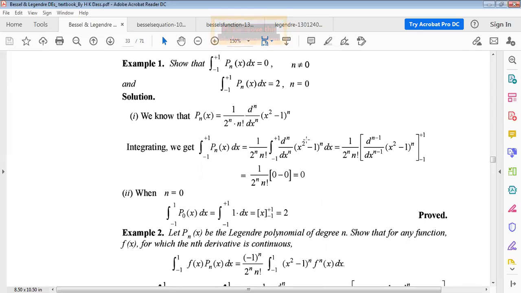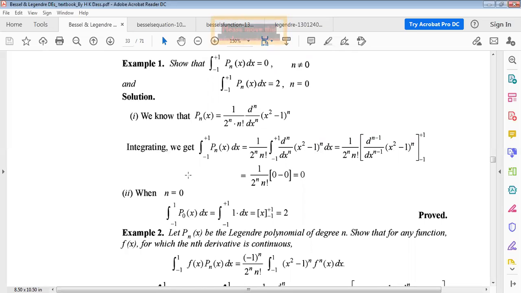Now if we take integration within limits minus 1 and plus 1, one differentiation will be reduced, because this is the antiderivative. So d^(n-1)/dx^(n-1), and the limit will be minus 1 to 1. If we put x equals 1 here, this will be 0, and if we put x equals minus 1 also, this will become 0. That means the first differentiation will be 0. Understand everybody?